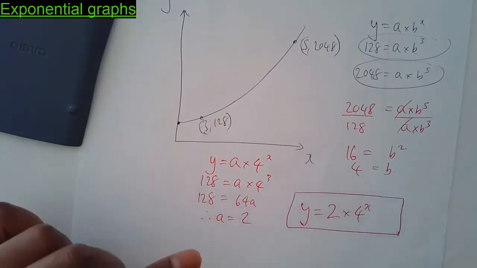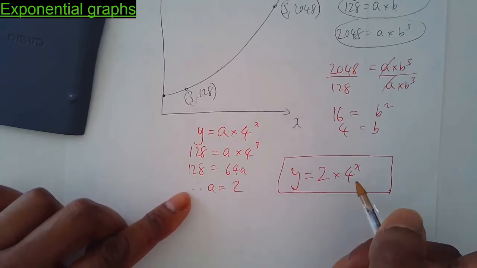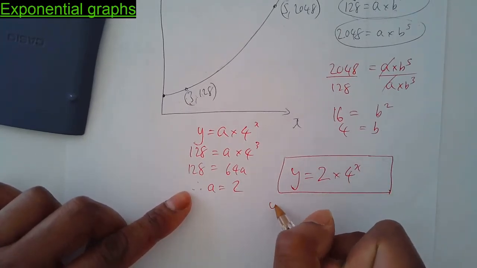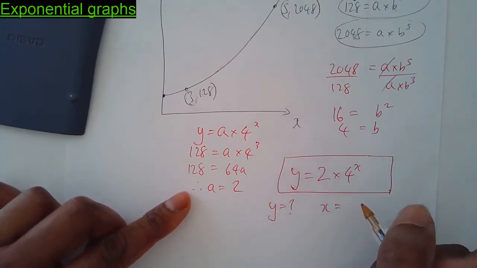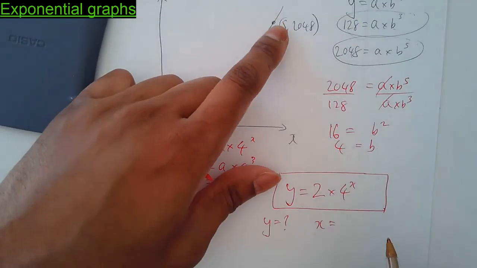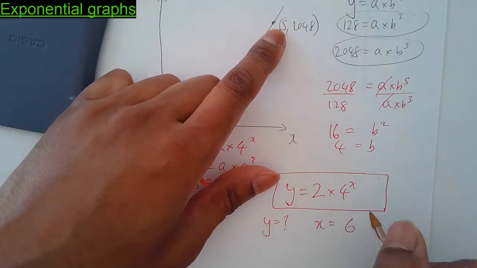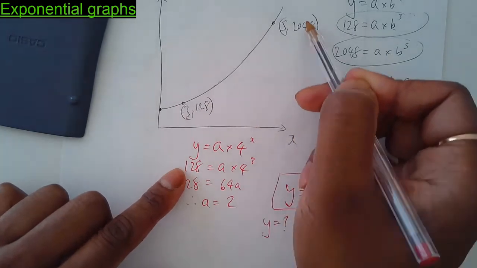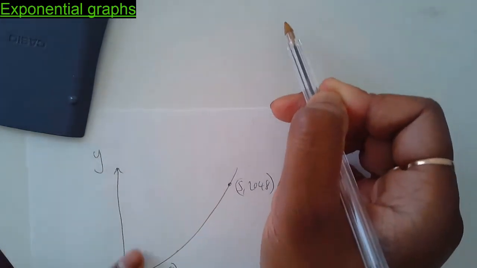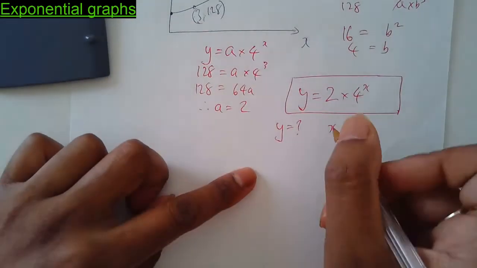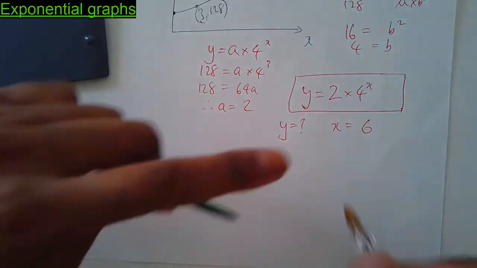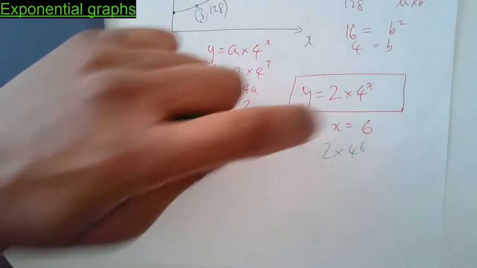Right, let's just go for one. Let's suppose, find y when x is equal to, pick a bigger number than that, 6. Right, 6 is going to be somewhere up here. Probably over there. So let's do the working out then. 2 times 4 to the power of 6.